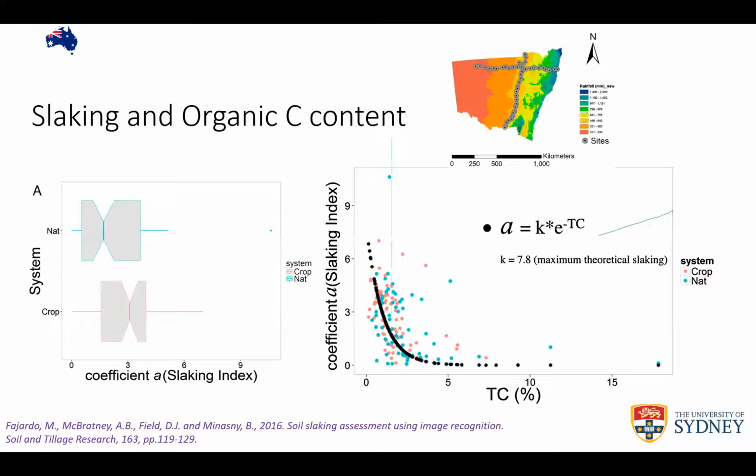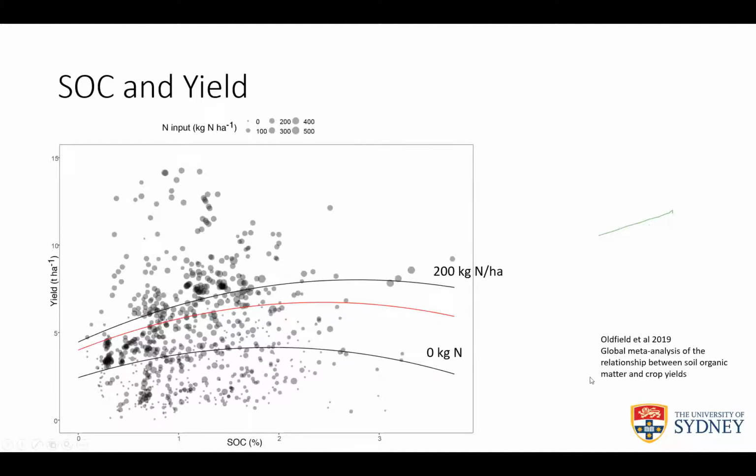So this is a recent analysis. They did a meta-analysis of the relationship between organic matter and crop yield. This is 0% content of soil organic carbon, then 1, 2, and 3%. You see that there's a relationship, but of course it depends on the amount of fertilizer they input, because this is a meta-analysis looking at different treatments.